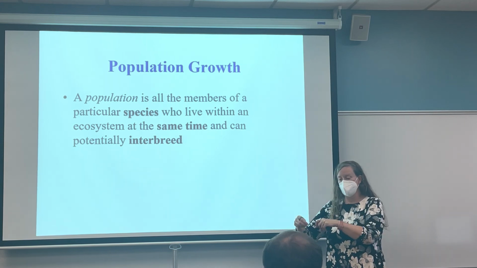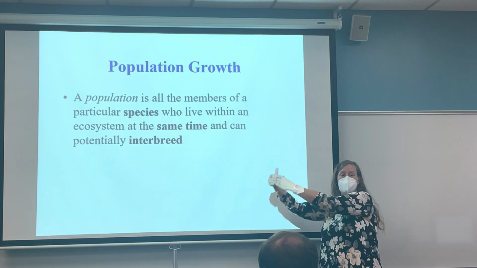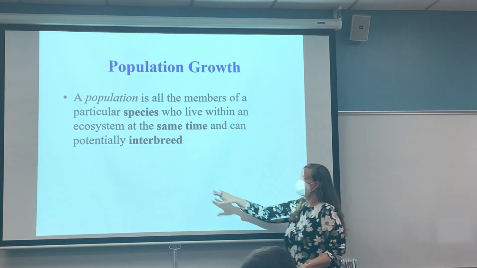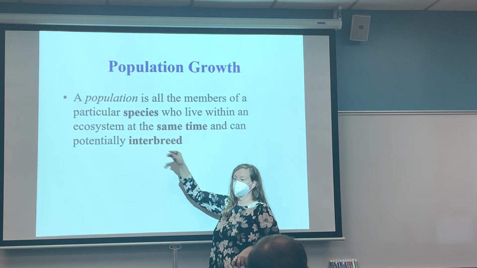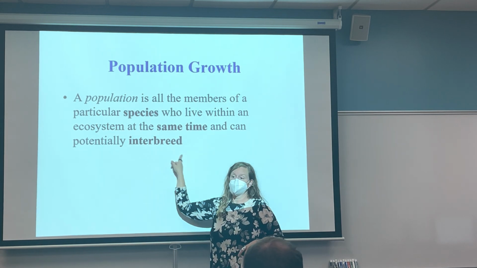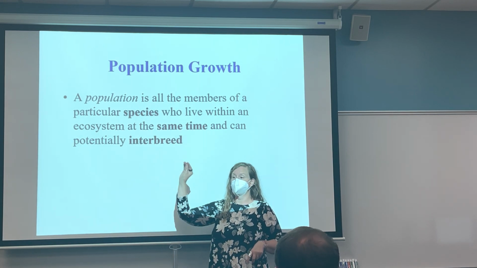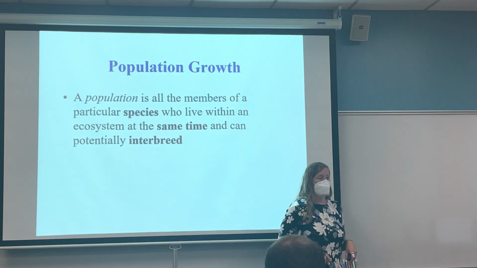So we make offspring, our offspring can make offspring, and that keeps our group going. This is a really important thing in terms of populations, and we'll get into evolution, survival. A population's ability to interbreed is key to allowing us to move forward into the future.